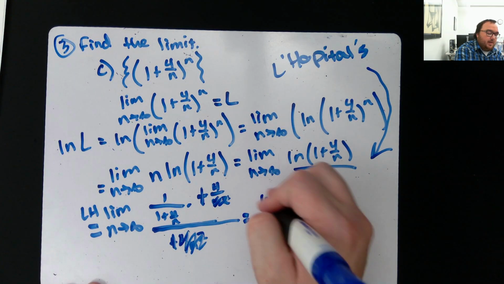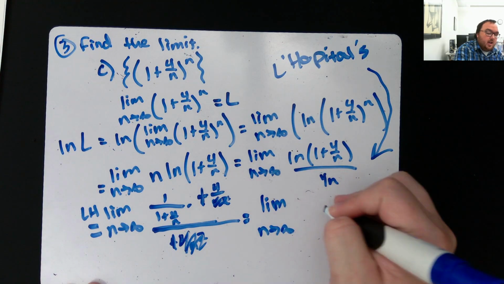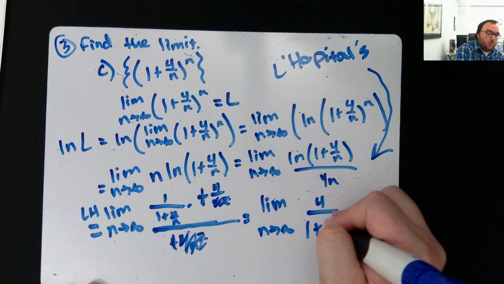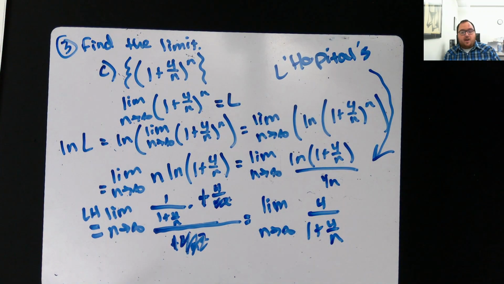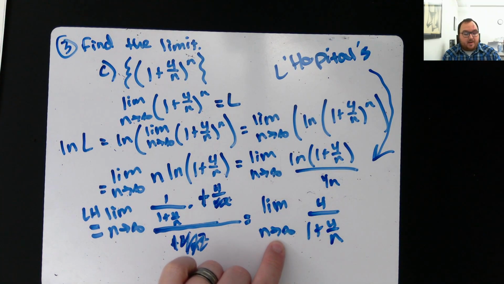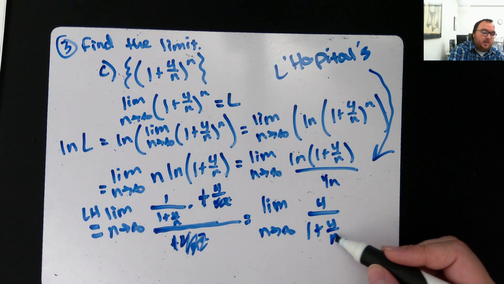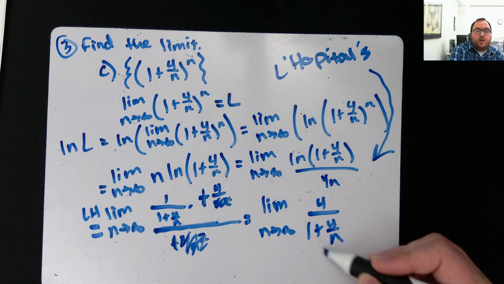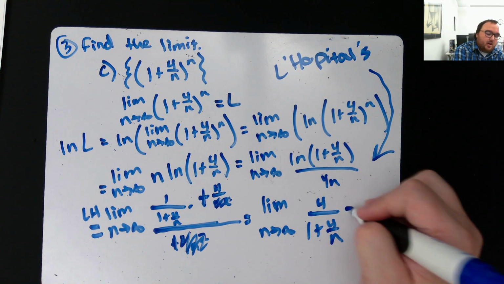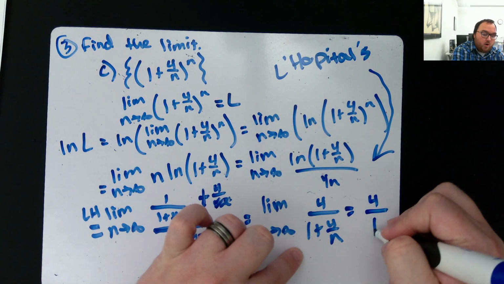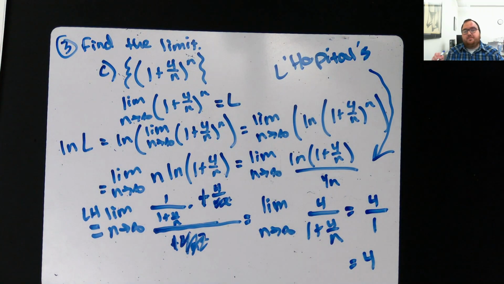So this becomes the limit as n goes to infinity of 4 over (1 + 4/n). Now, as I plug in stuff that's really big in here, 4/n is really small, so this becomes just 4 over 1, which is 4.